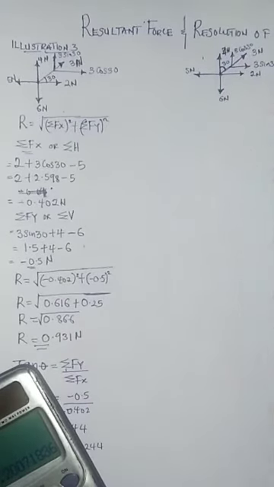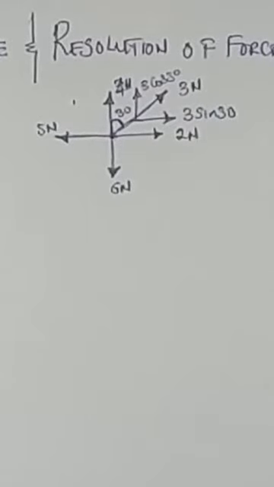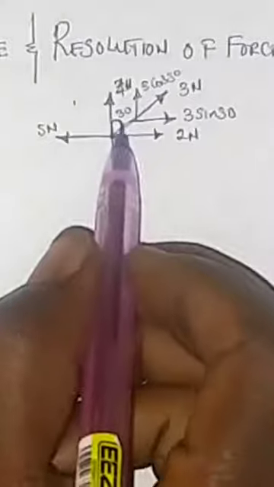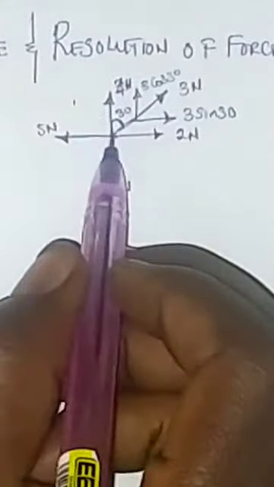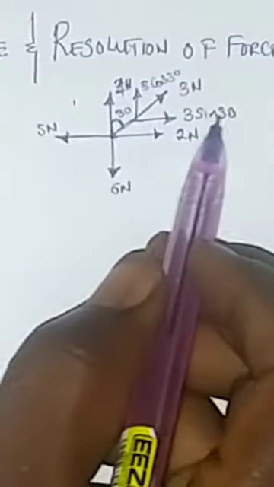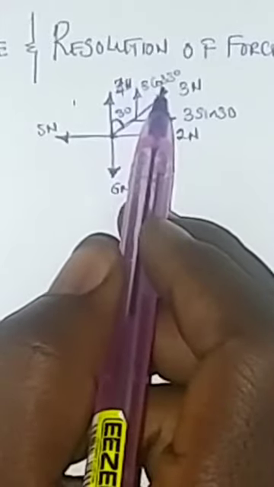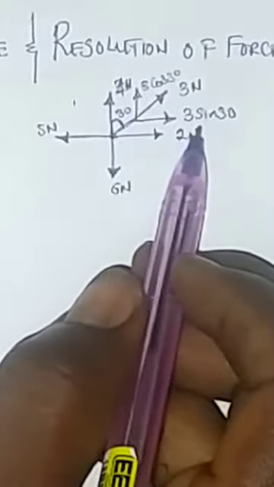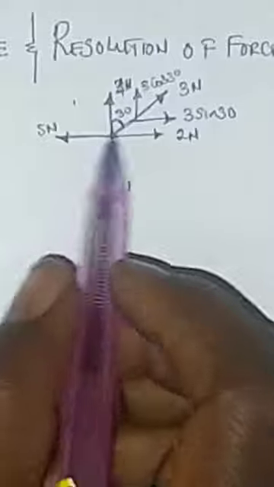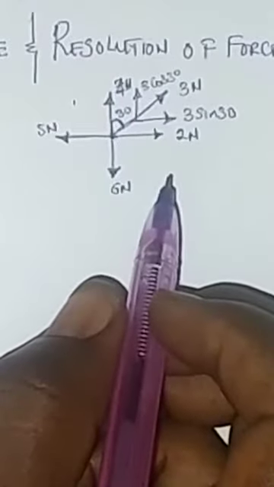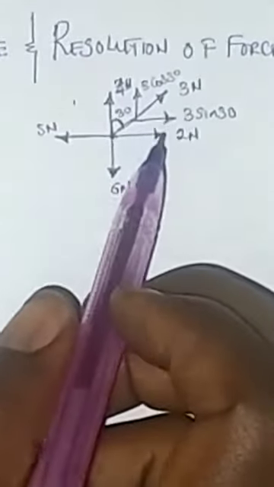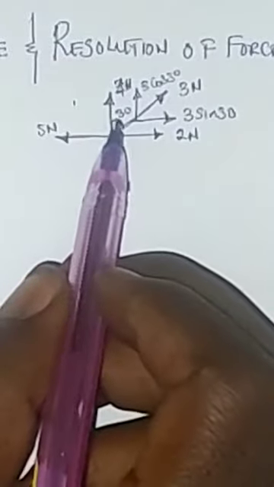Have you seen that now? So what I mean is this. It's inclined to what? The horizontal or the vertical. So it will change. Here will become 3 sin 30. Here will become 3 cos 30. I want you to understand that. So the process is the same, you just do it the same way. That is just the difference. So always watch where the angle is inclined to.